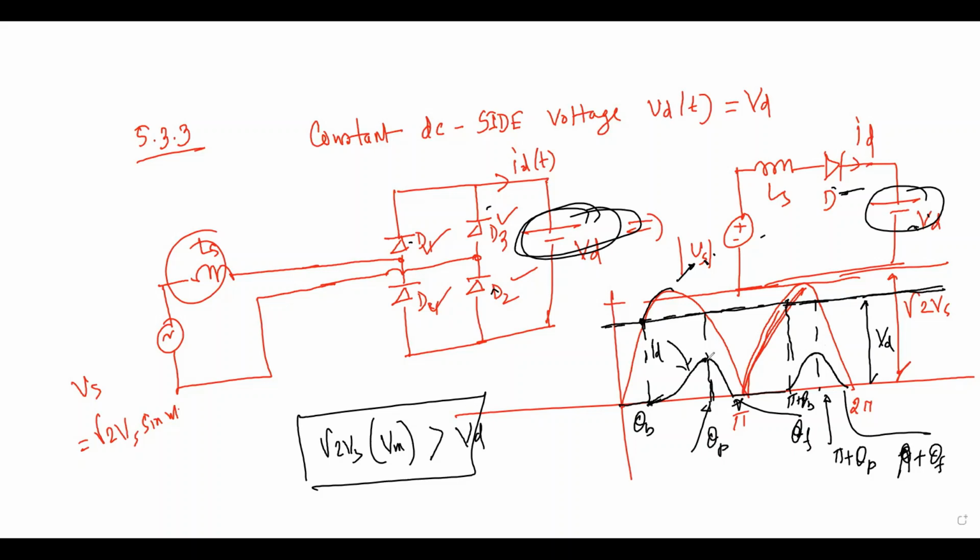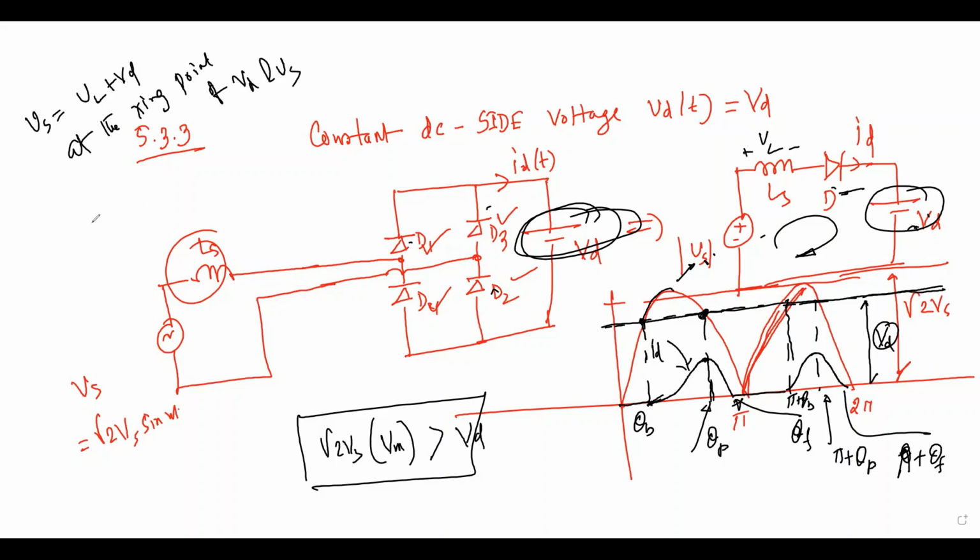And the peak value of the current will be at the crossing point of Vs and Vd, because when the current is flowing through your circuit, if we apply Kirchhoff voltage law, it will be VL plus Vd. At the crossing point of Vd and Vs, Vs will be equal to Vd.